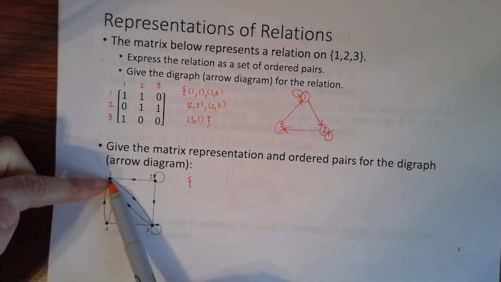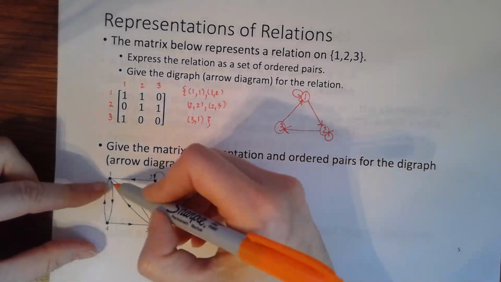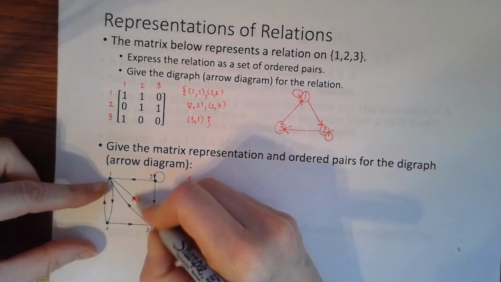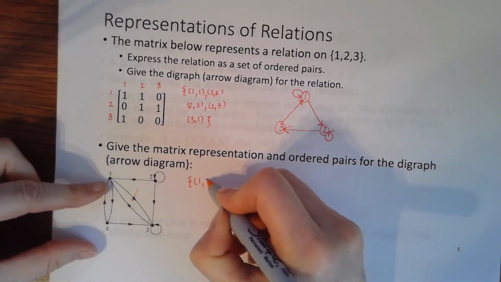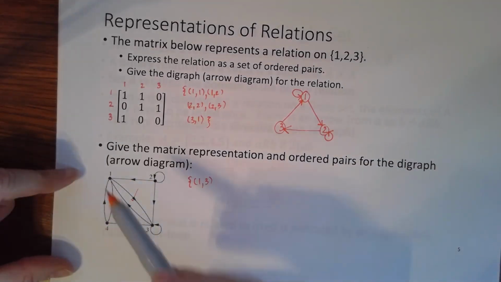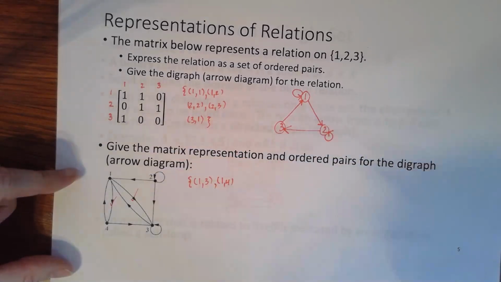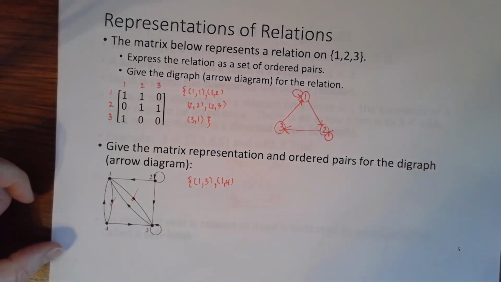There's no arrow going out to 2, so it's not related to 2. But there is an arrow coming out towards 3 right here. That's 1 being related to 3. And there's an edge coming out towards 4. So we have that 1 is related to 4. I'm just going to check these off to make sure I get them all. So that's everything that 1 is related to.